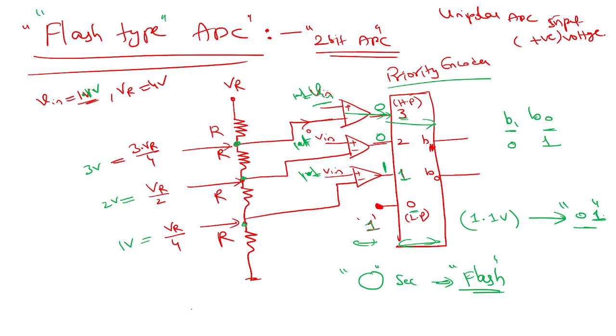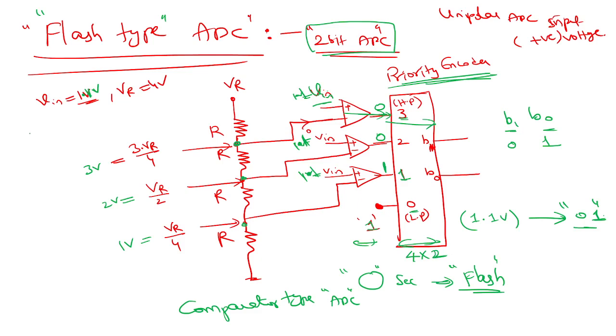And also you are using a lot of comparators. It is a comparator type ADC, and you have a priority encoder, correct? So for a 2-bit ADC, what is the encoder that you have? 4 by 2.